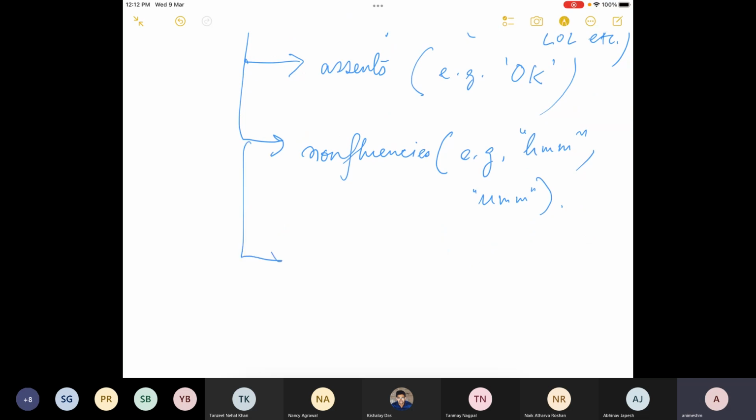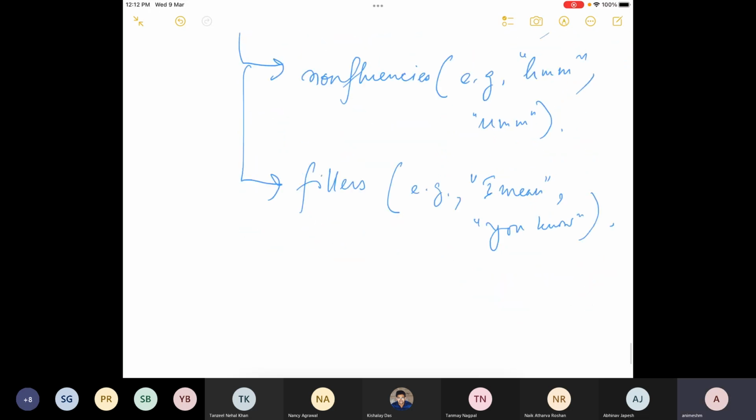And finally, fillers. Like, I mean, you know, etc. So if you think a little bit and try to imagine some of the clickbaity headlines that you have come across, you will see that many of these things you have already witnessed in such clickbaity headlines. Okay, so this is one part of the newsworthiness assessment.